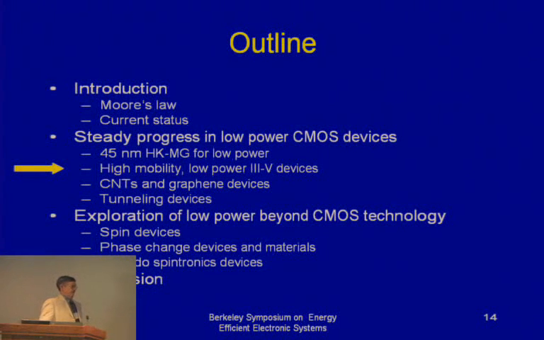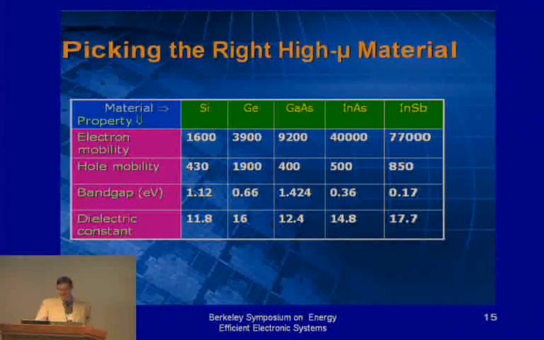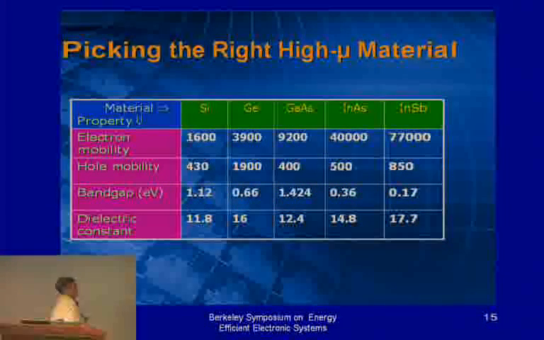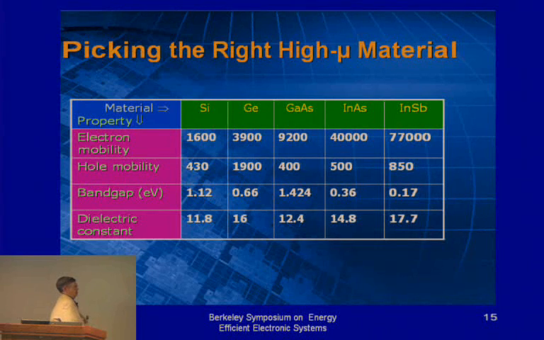So given that, in addition to working with silicon channels, we started looking at high-mobility channels. We all know that some of the III-V materials have a much higher electron mobility, especially compared with silicon. So that made an attractive target.